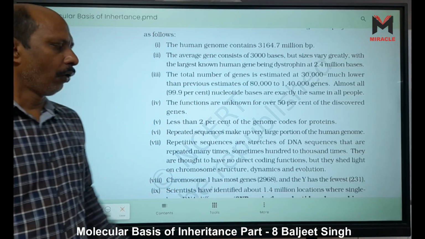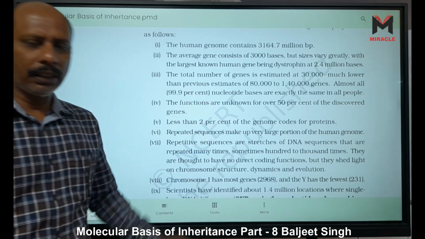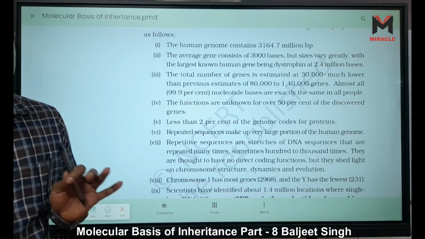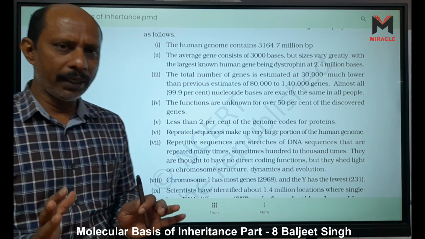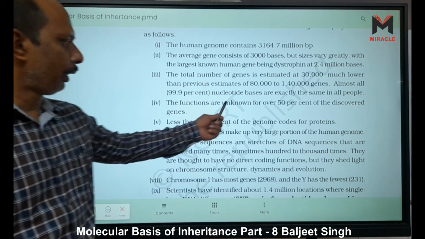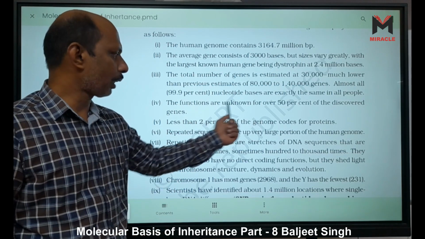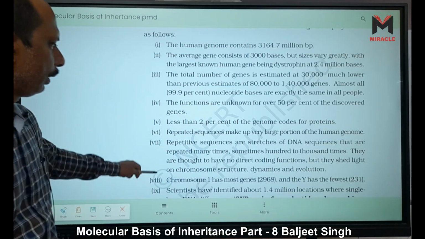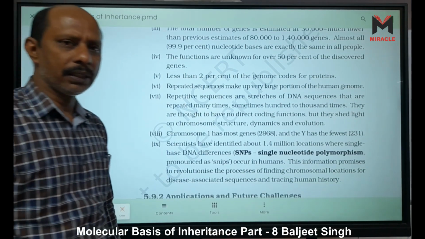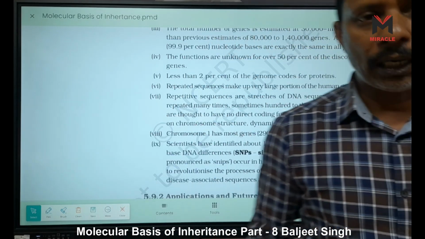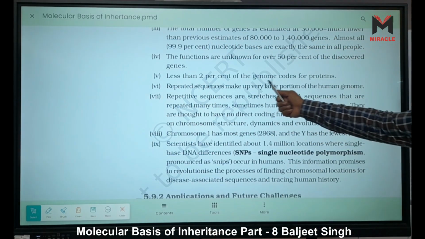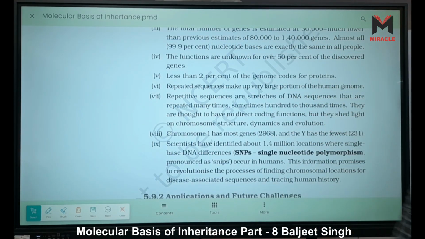Regarding function, for 50% of genes we have no idea about their functions; functions are unknown for over 50% of discovered genes. Less than 2% of the genome is actively transcribed, right? Repeated sequences make up a large portion of the DNA.